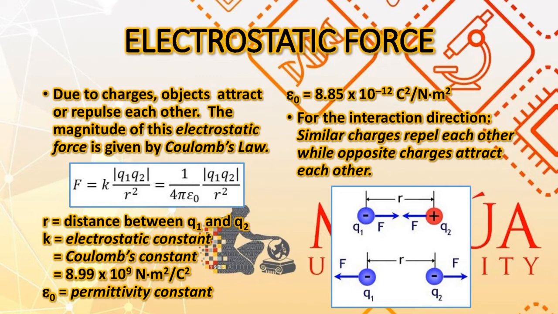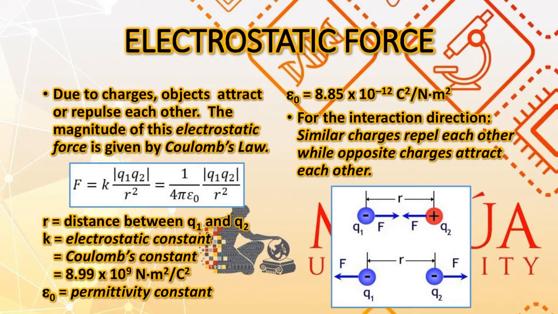So that means negative charge will repel other negative charges. Positive charge will repel other positive charges. While if they have opposite polarity, positive and negative or negative and positive, the charges will attract each other.